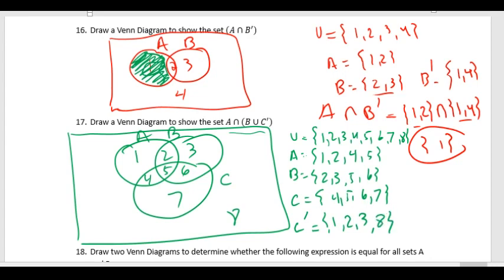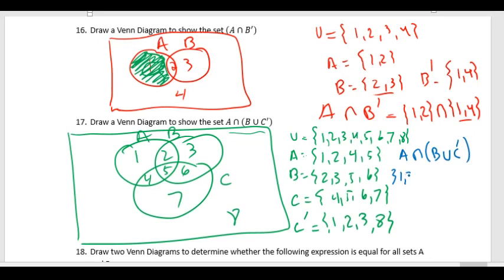Okay. So now I can do the operations. They want us to do A intersected with B union C complement.